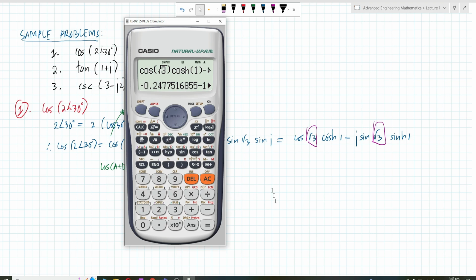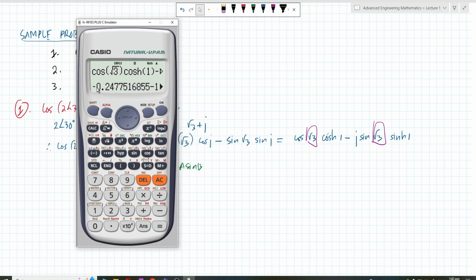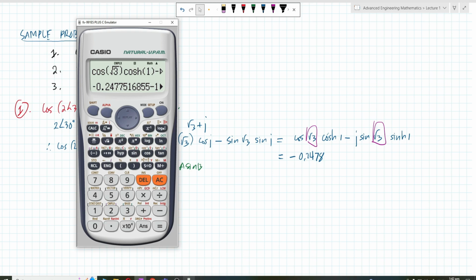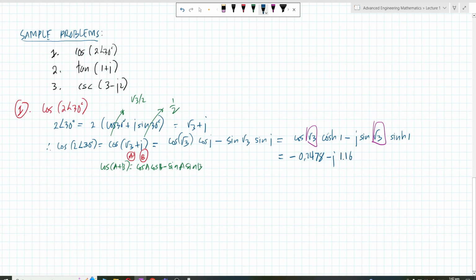So yan, 4 decimal places: negative 0.2478, minus 1.1600 j. Nakuha nyo. So ito guys yung ating simplified form ng cosine of 2 cis 30 degrees.